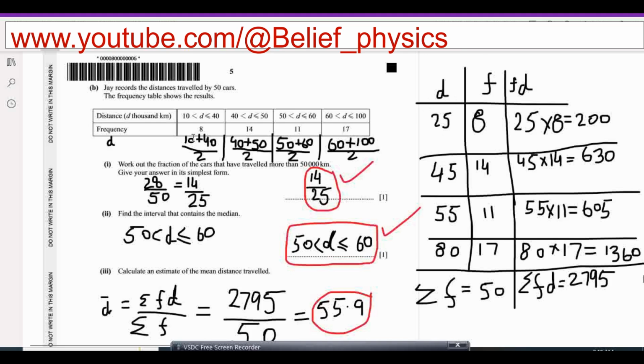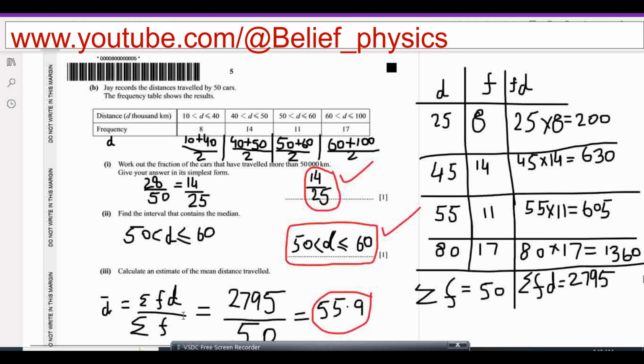F, the frequency, is given as 8, 14, 11 and 17. So when I find FD, we multiply these numbers. 8 into 25 is 200. 14 into 45 is 630. 11 into 55 is 605. 17 into 80 is 1360. So summation FD, we add this column, it comes out to be 2795.